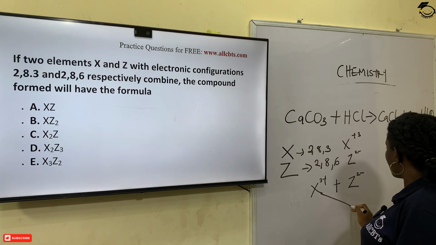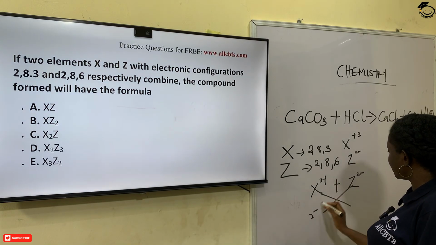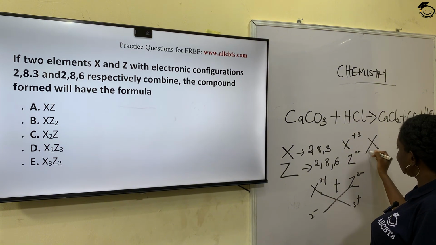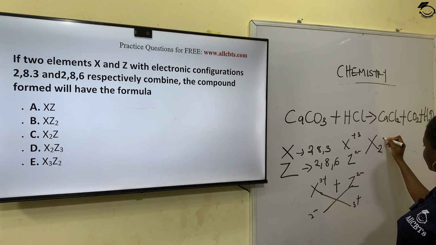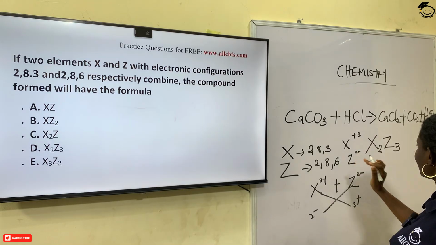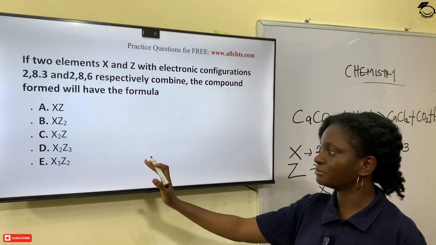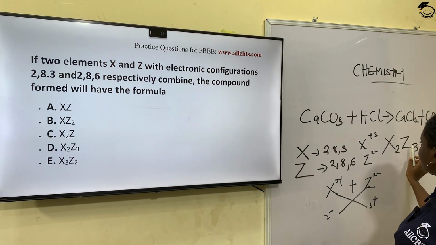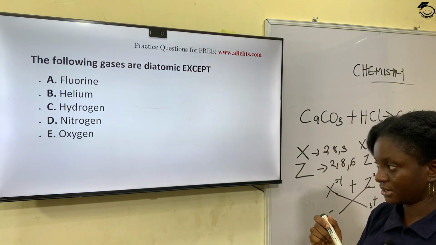So this will combine, 2 minus will come here, then 3 plus. Then we have X2Z3. So the correct answer here is option B. That's X2Z3. Option D is the correct formula.